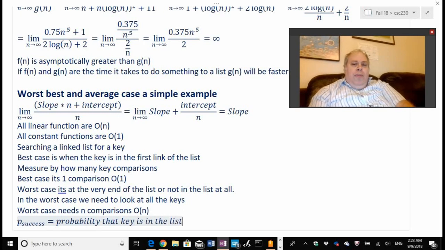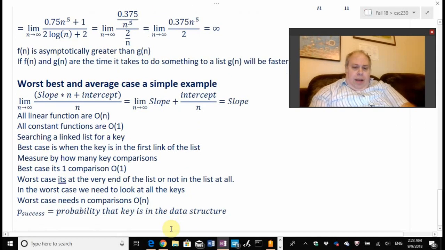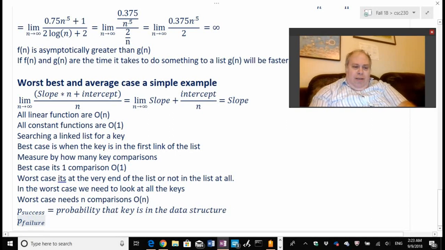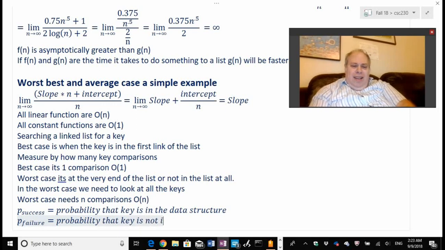And this is going to come up over and over again with our data structure. So the probability the key is in the data structure, in this case, it's a list. And I bet you could figure out for yourself what P of failure is. But I'll write it down anyway. Probability that the key is not in the data structure.